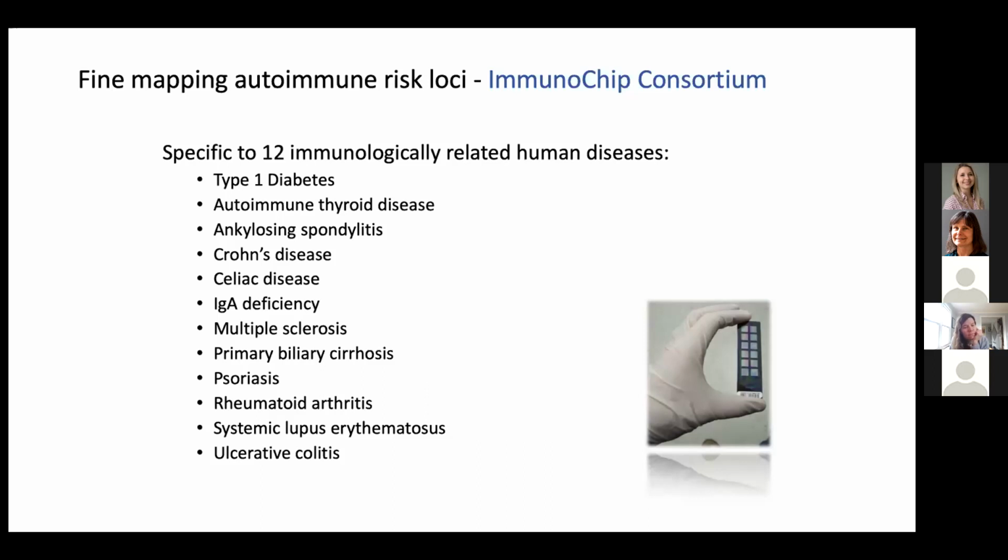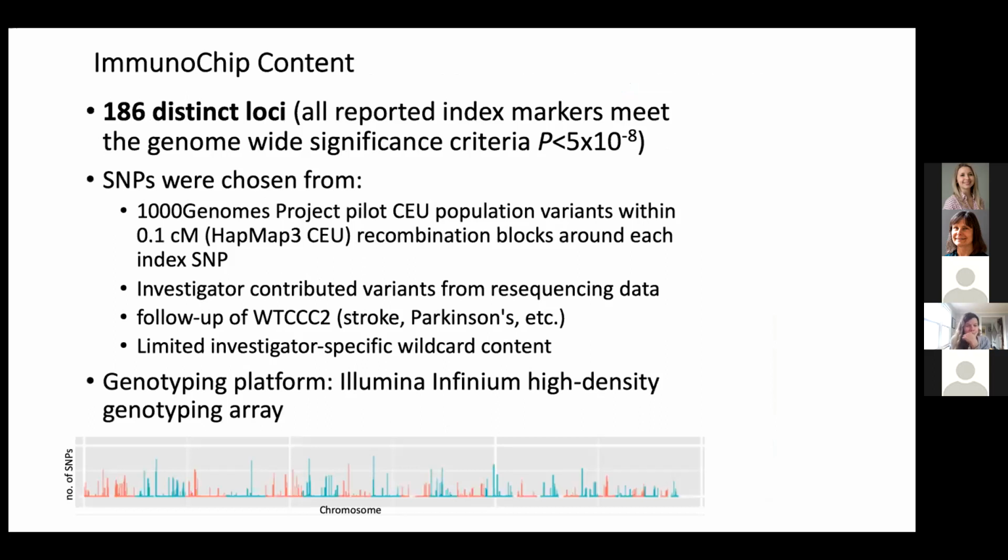It consists of 12 immunologically related human diseases. And we designed the ImmunoChip array that has 186 distinct loci. Here on the bottom, you can see these loci with number of SNPs in each loci that will map hopefully the variation, genetic variation and architecture in each region.